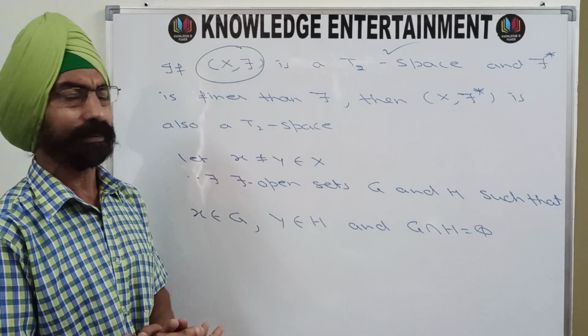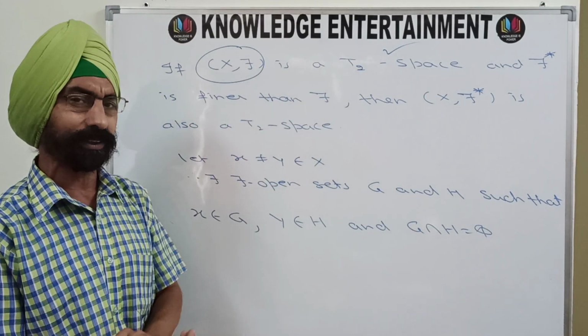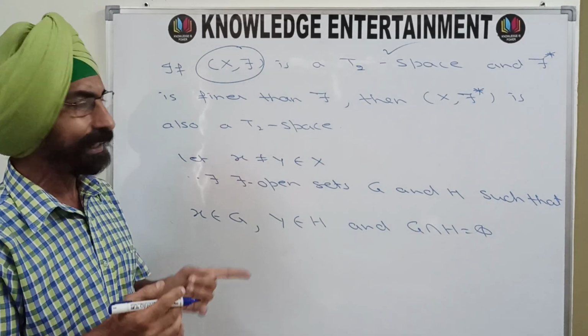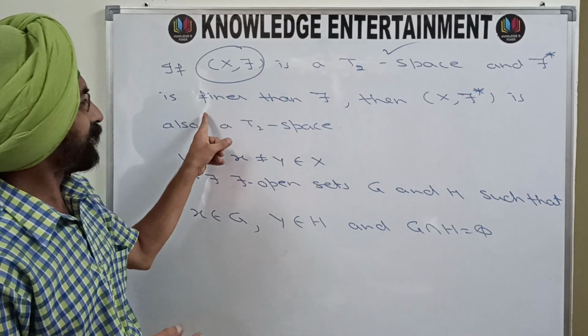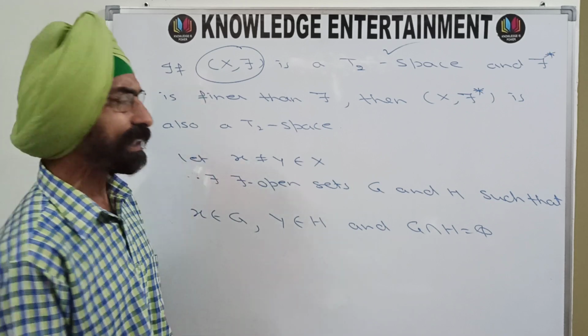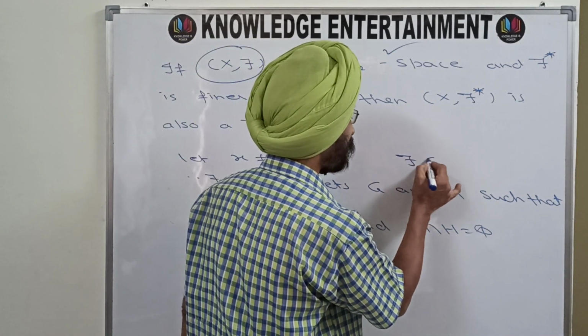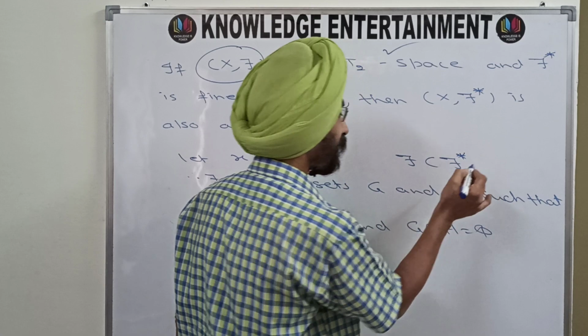This is very clear because (X, tau) is given to be a T2 space. But another thing is given: tau star is finer than tau.